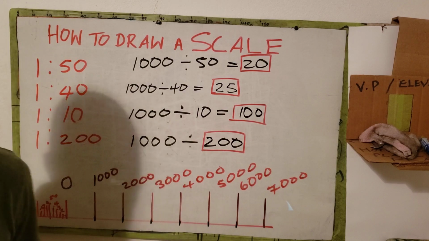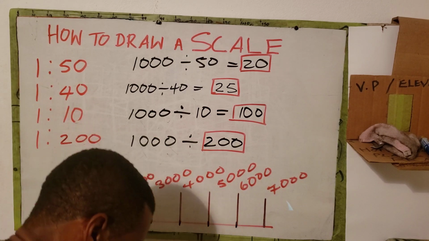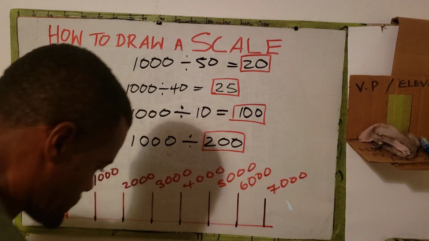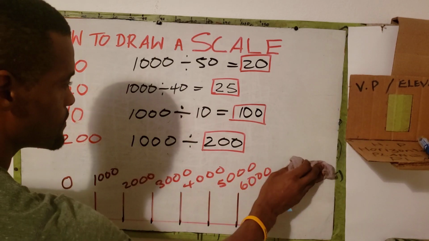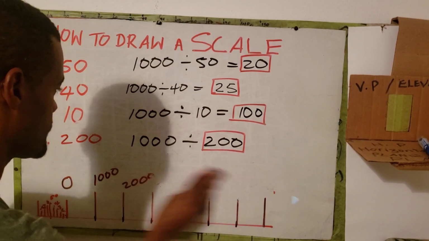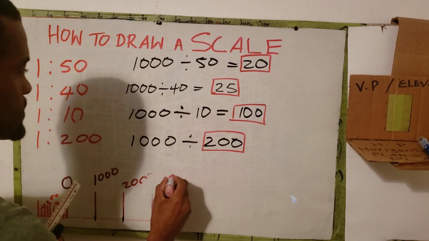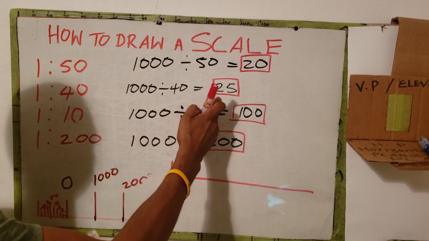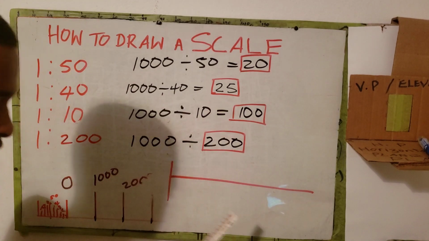It means, therefore, that the space on a 1 to 40 scale would be 25 millimeters.